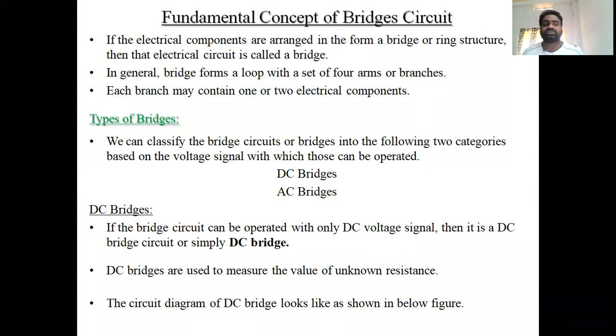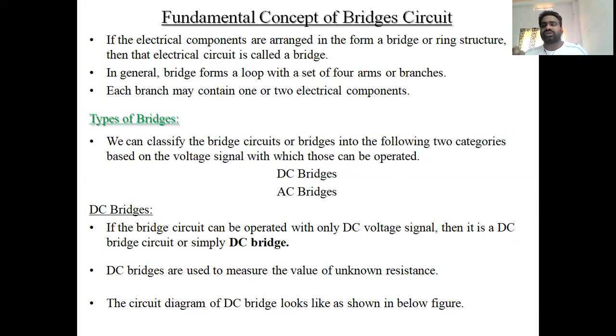So what is the definition of a bridge? A bridge is a ring structure, a form of constructing an elemental structure with the help of electrical components, which may be a resistance, an inductance, or a capacitance.